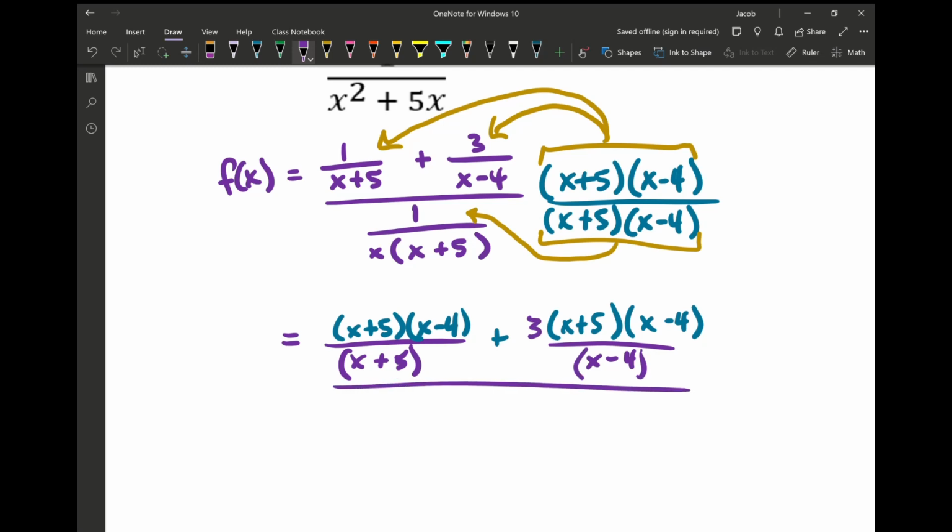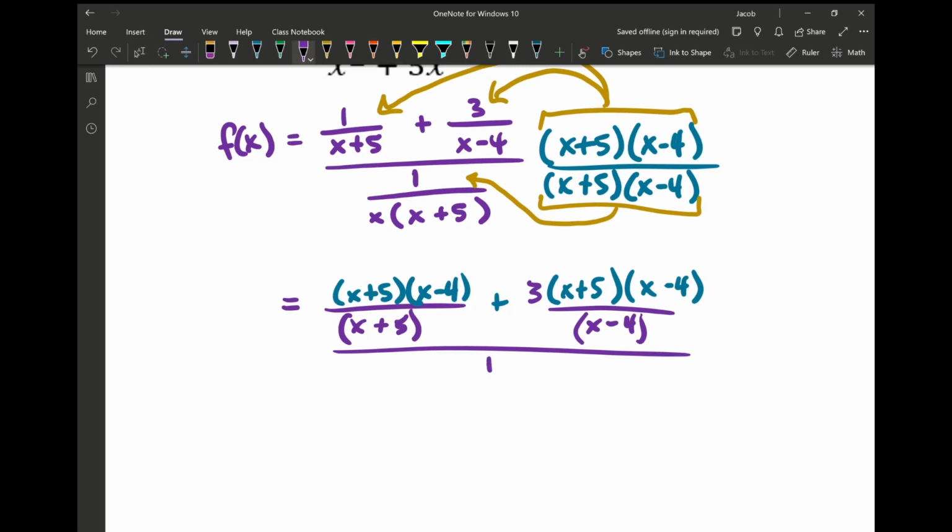There we go. And then we've got the denominator to do, which is going to look like this.